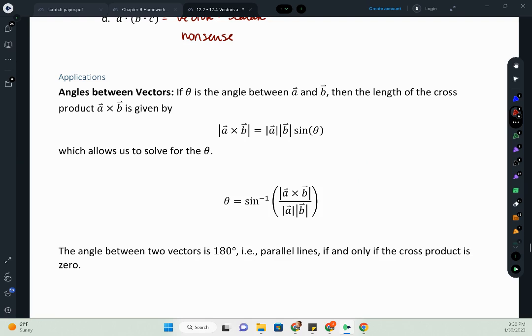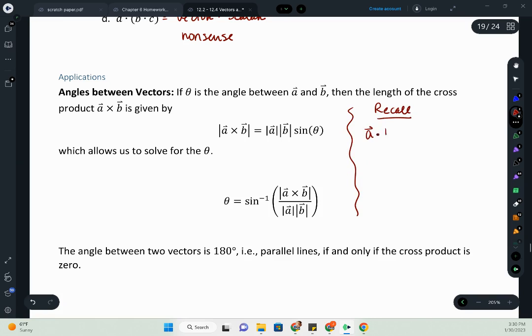So we have another way to calculate angles between vectors. I do want you to recall from 12.3 that we were told a dot product of 2 vectors is equal to the magnitude of A, the magnitude of B, times cosine of the angle between them. And that allowed us to solve for theta by doing some division and taking a cosine inverse.